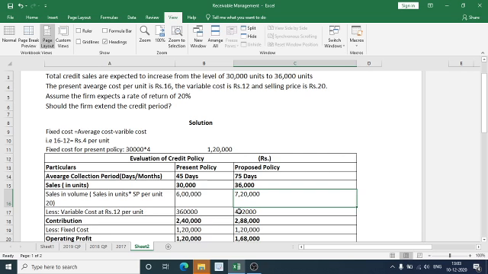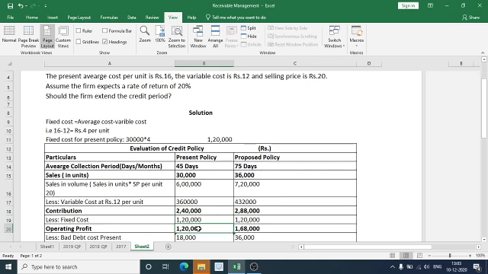Similarly, for the proposed policy, you will get 4,32,000. Next, contribution, the difference figure, sales minus variable cost: 2,40,000, and here 2,88,000. Next, minus fixed cost. Here we calculated in the working note 1,20,000, the same 1,20,000, it will not change.